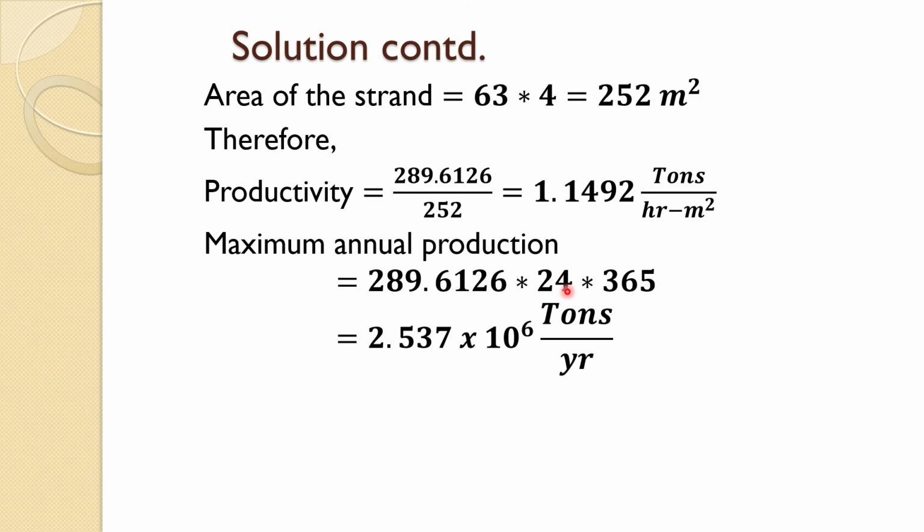So, we can multiply these hours with days and one year. So, that will give you 2.5 into 10 to the power 6 tons per year. So, this would be the production of the sintering plant, and this would be the productivity of the sintering machine.